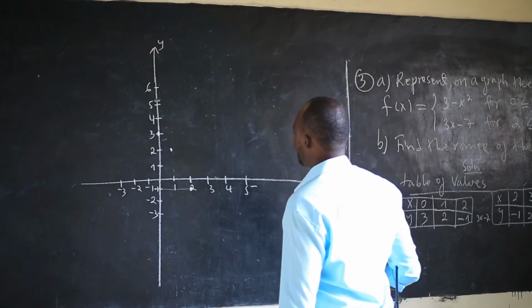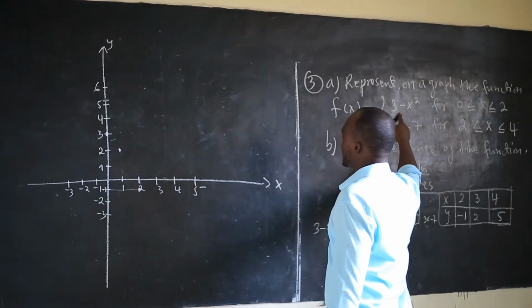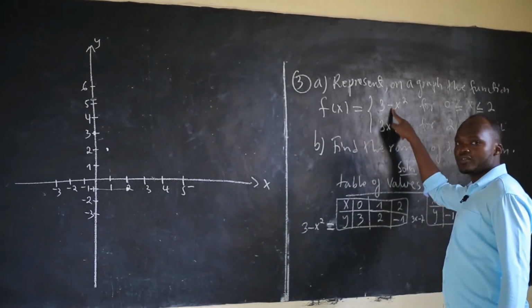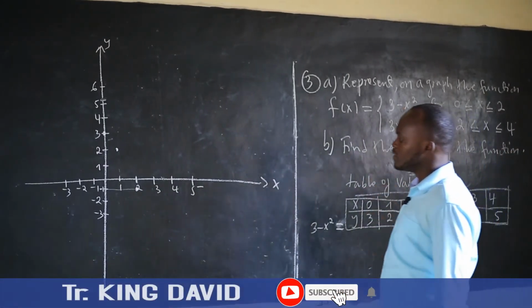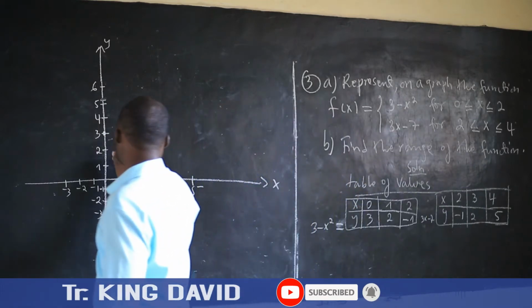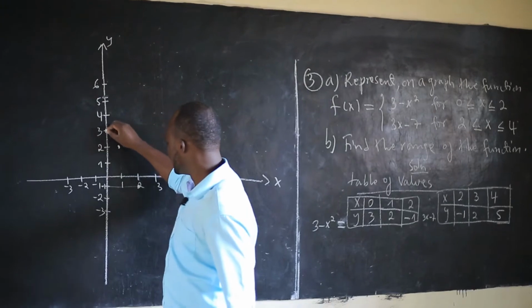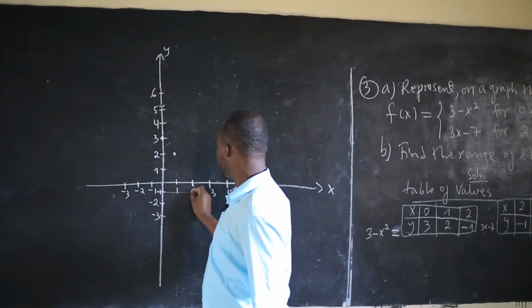The first is a quadratic equation, so it is a curve, and the coefficient of x squared is negative, so it opens downward. It will be in this form.